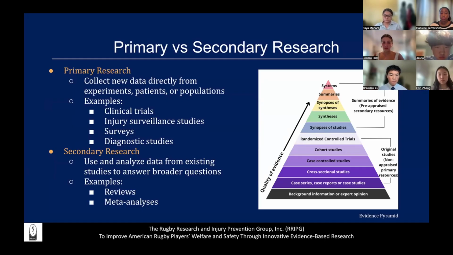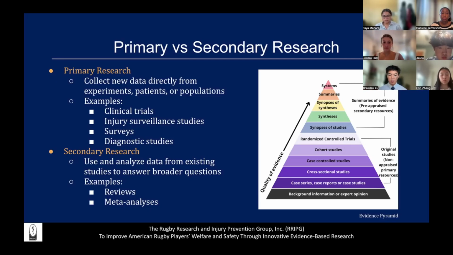Obviously, the systematic reviews, as Taya kind of alluded to at the end, and the clinical trials or controlled trials in between. Those all fall in between the center.